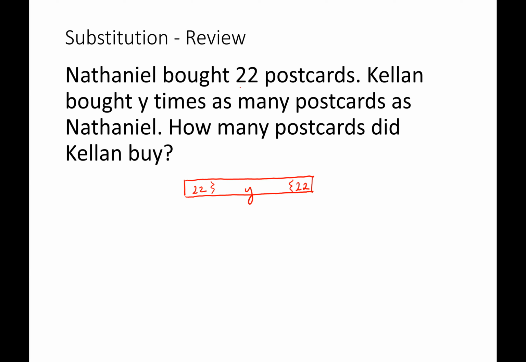Nathaniel bought 22 postcards. Kellen bought Y times as many postcards. Yeah, exactly. 22 times Y. How do I write that properly? Michael? No. Piper? 22Y, exactly. And then we're going to make sure that we are adding labels today. All right. So 22Y postcards.